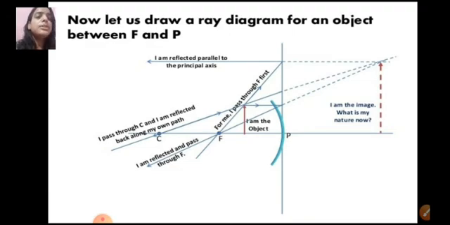In this case, this is an exceptional case. What happens is that the image formed by a concave mirror will become virtual and erect. This is an exceptional case where in a concave mirror a virtual image is formed. Otherwise, for concave mirrors, always real and inverted images will be formed.